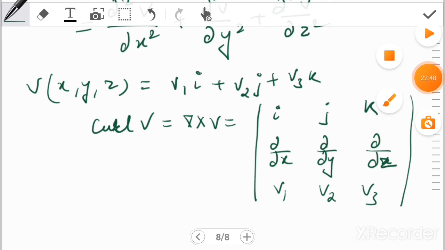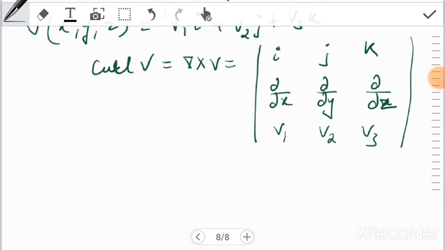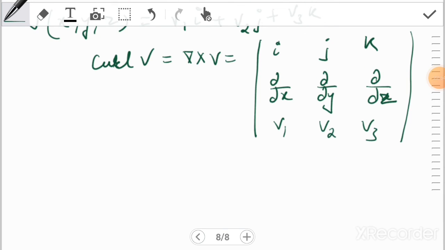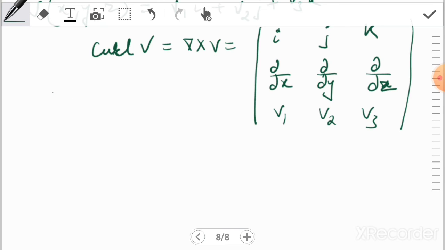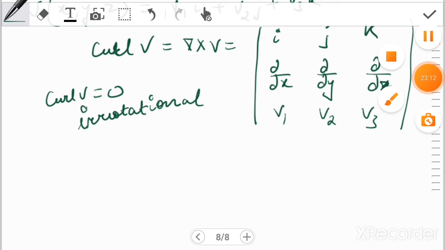Since the curl characterizes the rotation in a field, if curl v is 0, that means the field is irrotational or conservative.